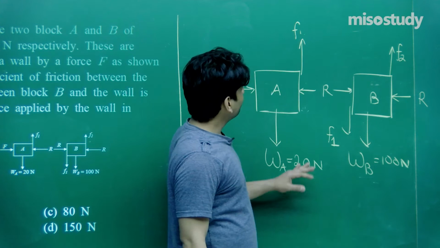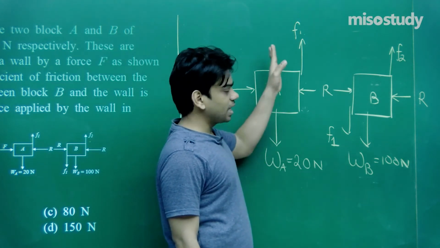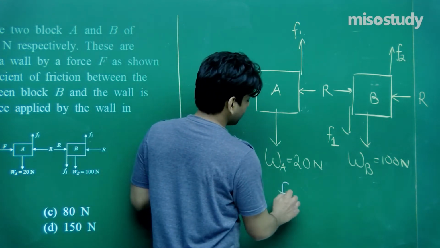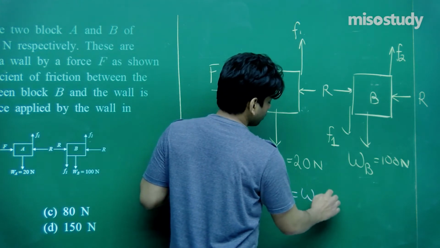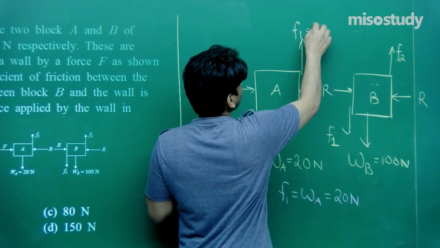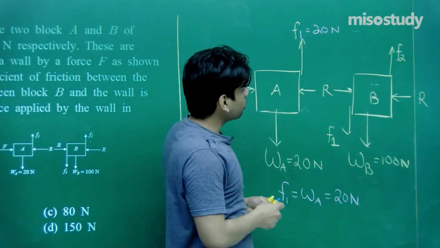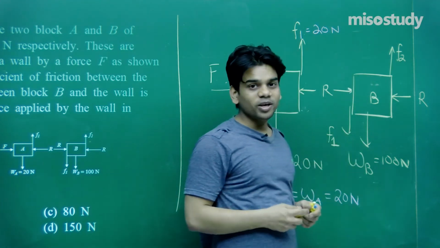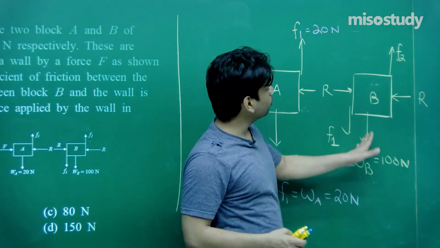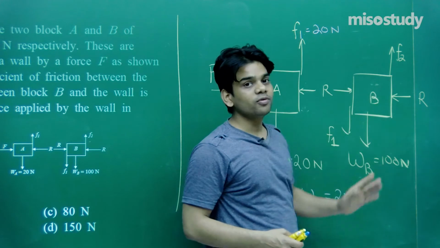Let's go ahead. First of all, for vertical equilibrium of block A, we can easily say that F1 should be equal to WA, which is 20 Newton. So we got the value of F1, 20 Newton. Now let's talk about the vertical equilibrium of block B. Here F1 and WB are acting in the downward direction, and F2 is acting vertically upward.